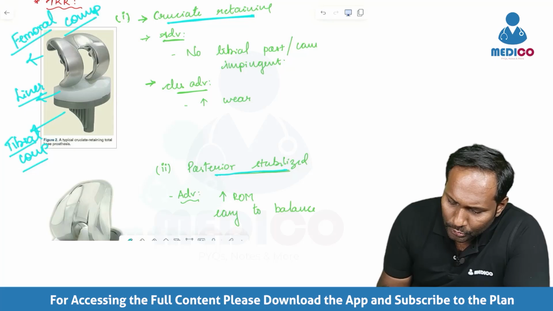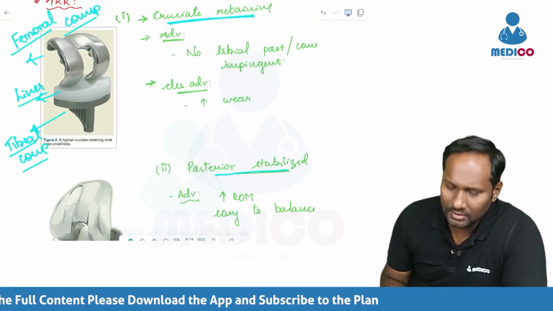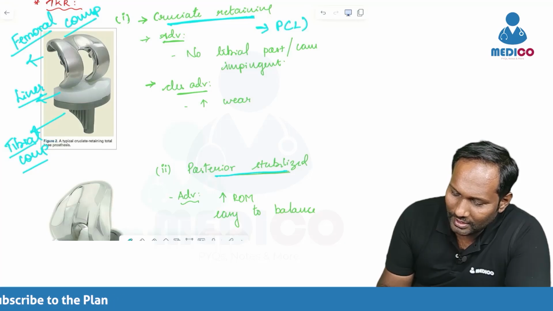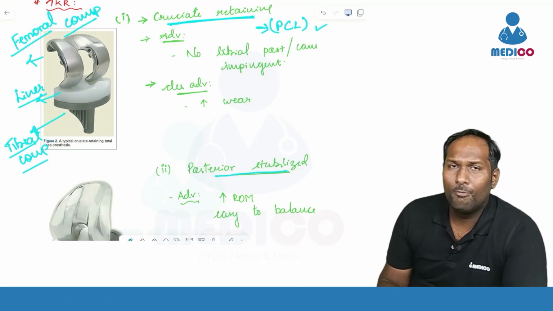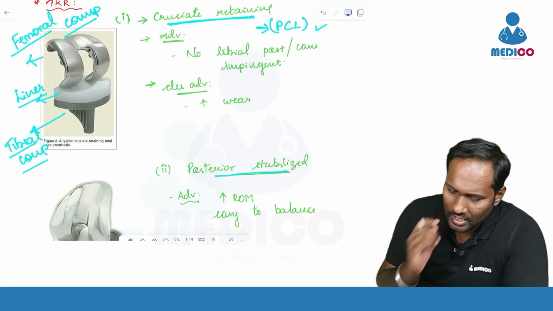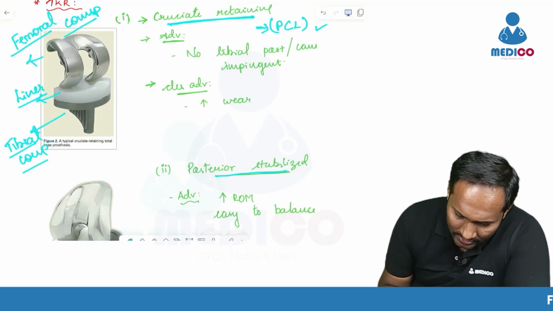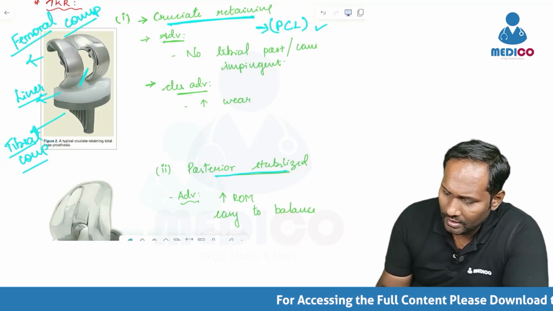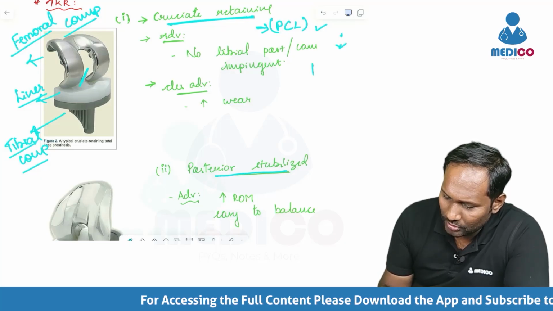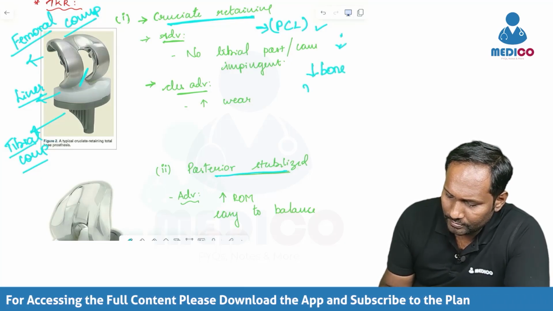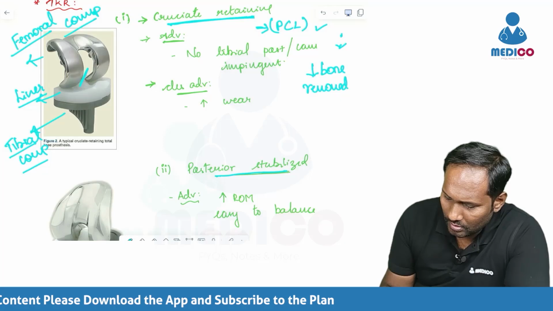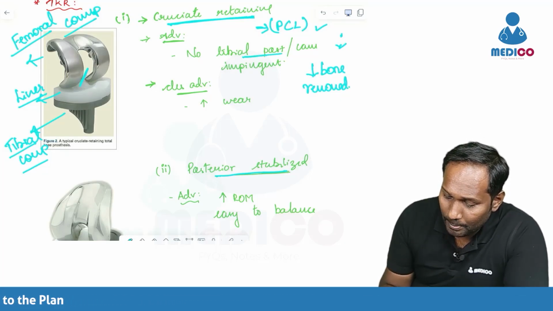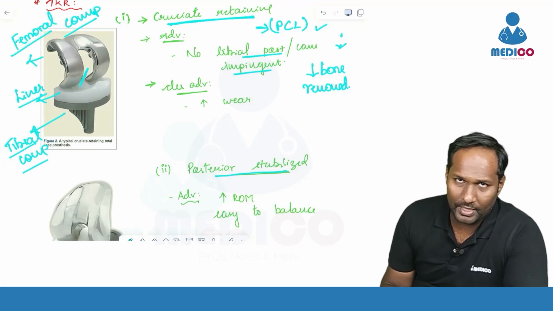Cruciate retaining means what? You will retain the PCL, not the ACL. You retain the PCL for added stability. Here the advantage is that since the native PCL is already there, less bone is removed, and there is going to be less tibial post or cam impingement.